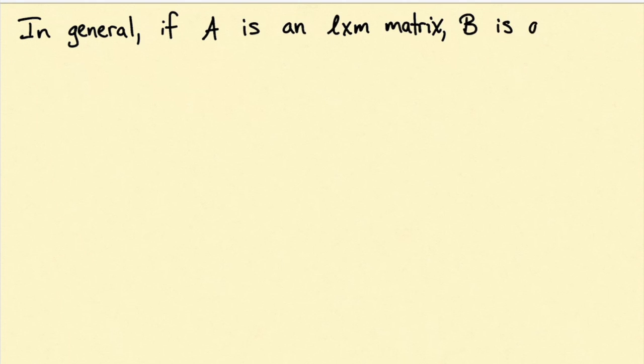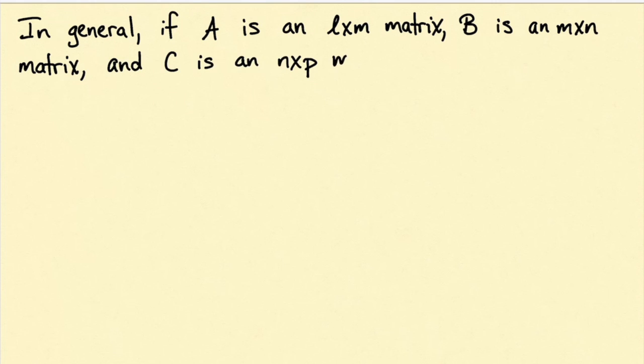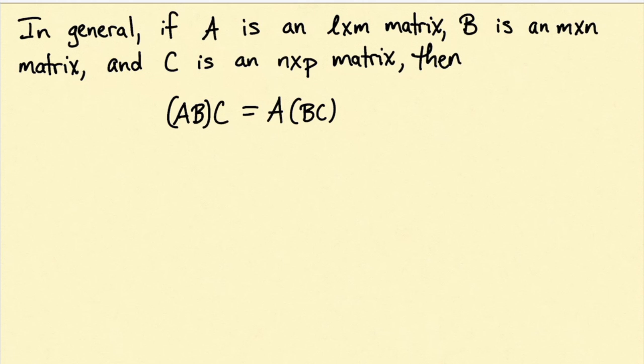So in general, if A is an L by M matrix, B is an M by N matrix, and C is an N by P matrix, then AB multiplied by C is the same thing as A multiplied by BC as L by P matrices.